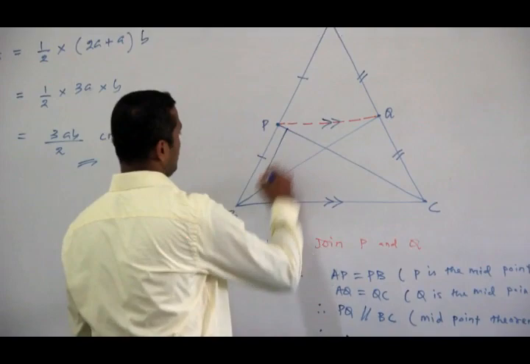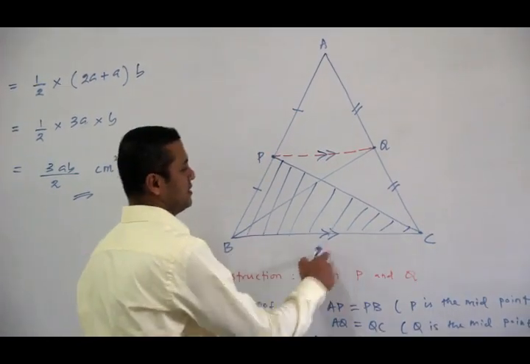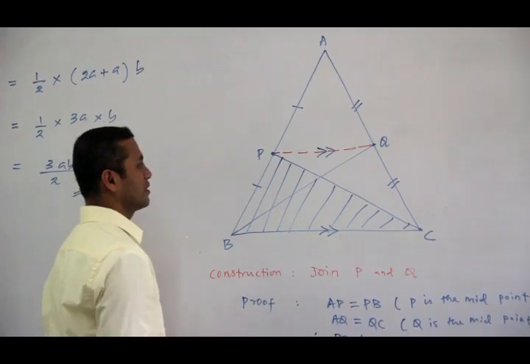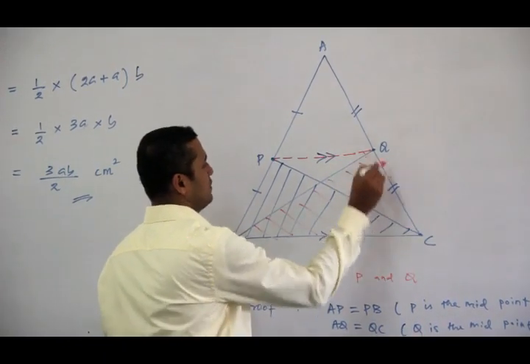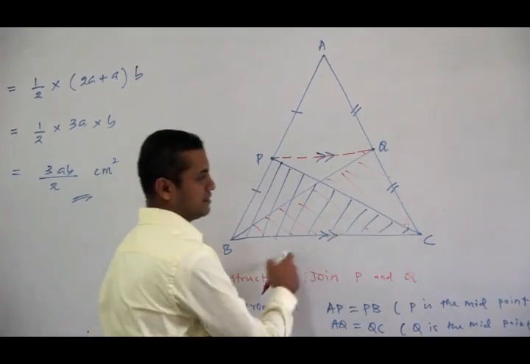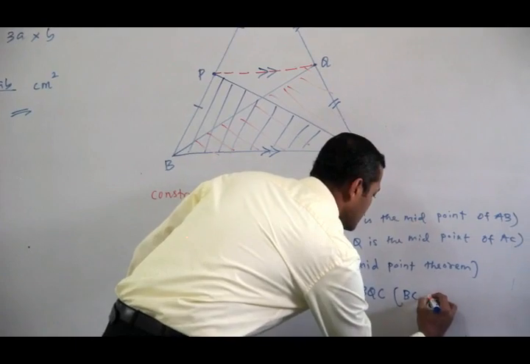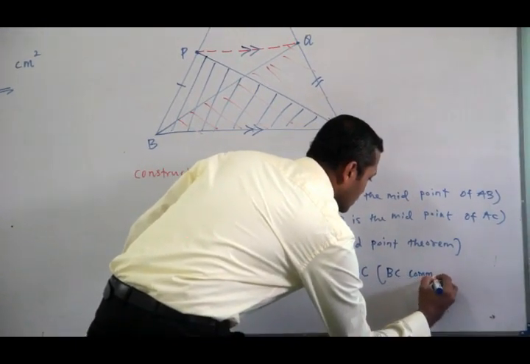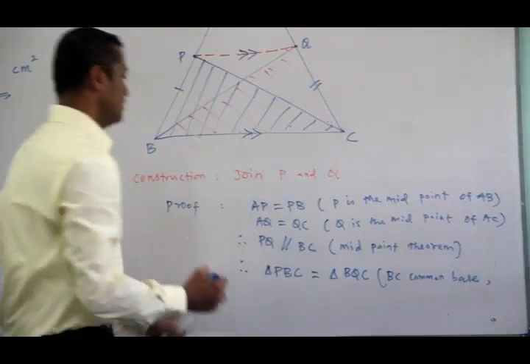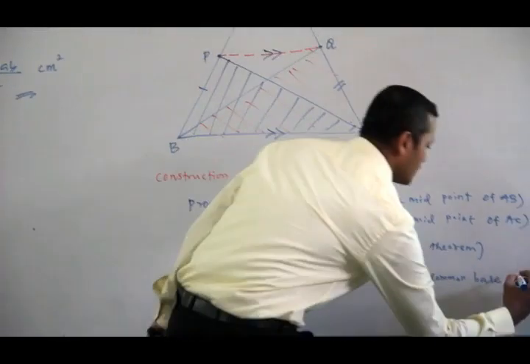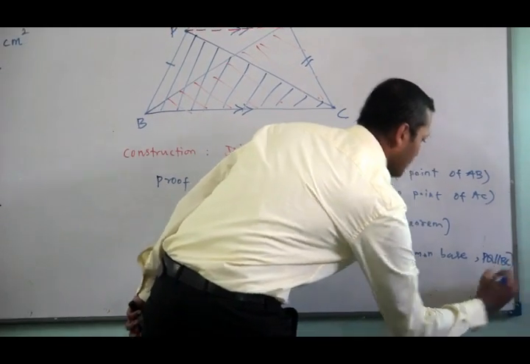For this particular triangle, this is the base, and for this as well. Look at this diagram. What is the base? BC is the base, right? Common base is BC, and you know what? PQ is parallel to BC.